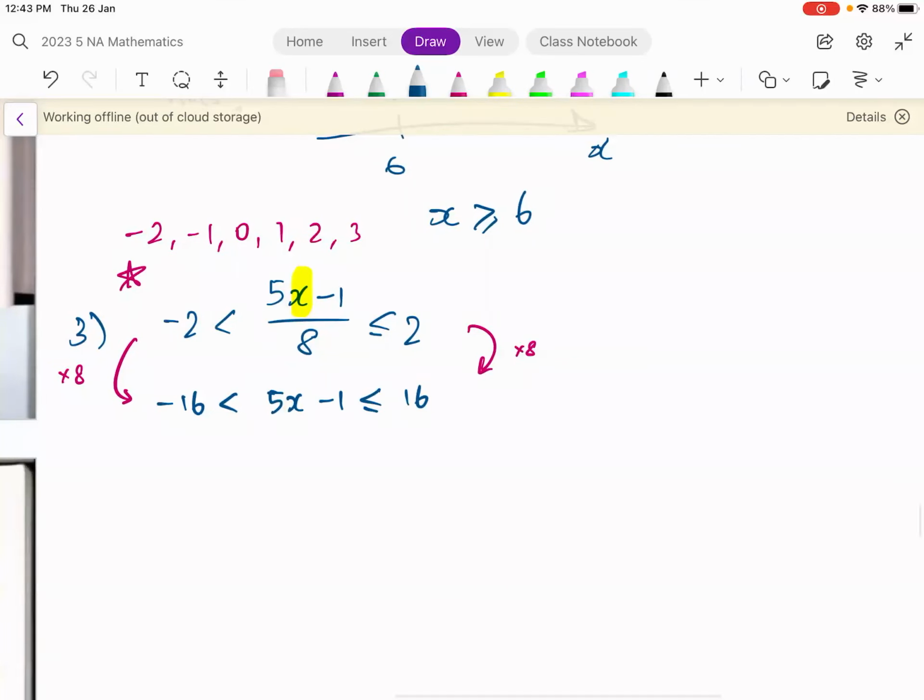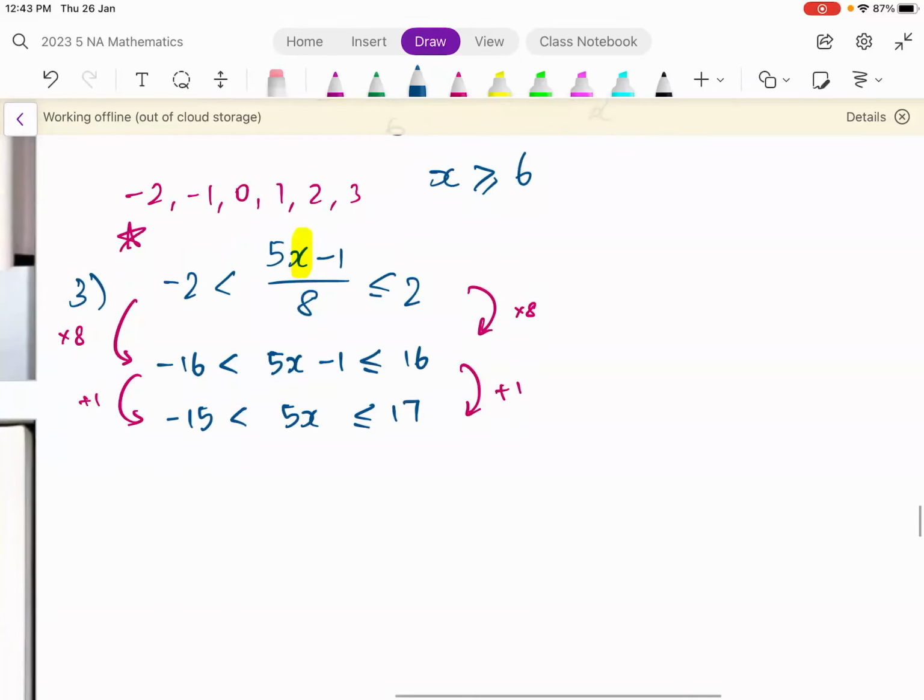Next, I want to get rid of the -1 by adding 1. On the left hand side I get -15, 5x, and 17 over here. Finally, I divide by 5. So -3 less than x less than or equal to 17 over 5.